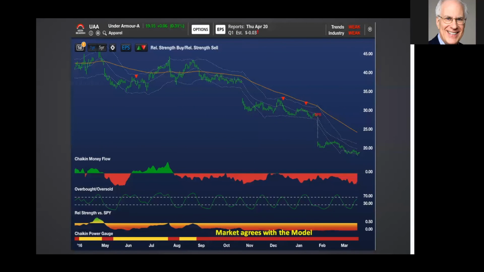Now, Under Armour, which we have seen as a classic Chaikin bear, is another example of signals ahead of a negative earnings surprise. So earnings season can be very profitable if you have a directional edge, and that's what the power gauge rating does for you, and the signals.